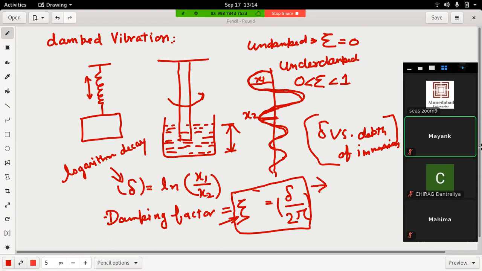Similarly, it is overdamped when zeta is greater than 1. So you also need to find out whether your zeta is greater than 1 or not, that is, whether your system is overdamped or underdamped. And when zeta becomes 1, it is called critically damped.